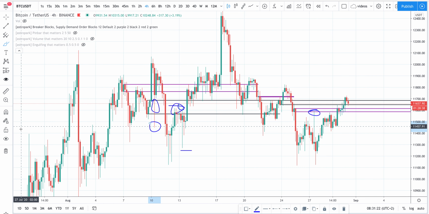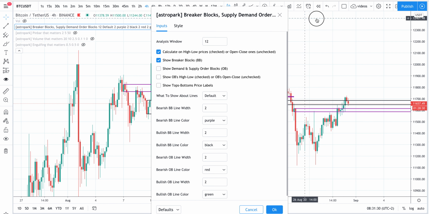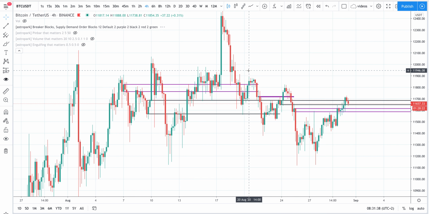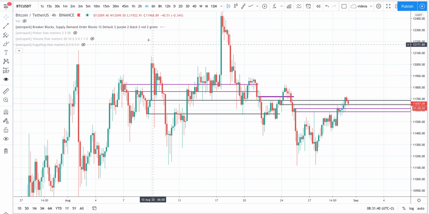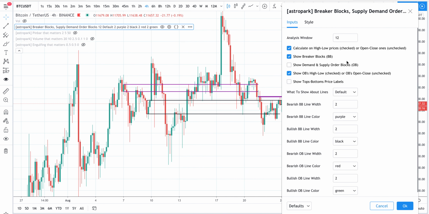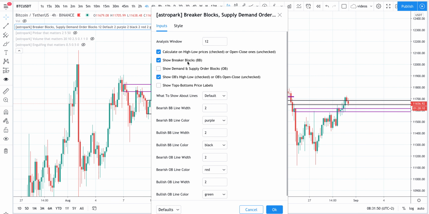But let's go on. I didn't mention it, but you can do the same with the visualization of this breaker block. Okay, if you want to see, now this is only an option for order blocks, so it should not change anything, if I remember well. And yes, it doesn't change anything.